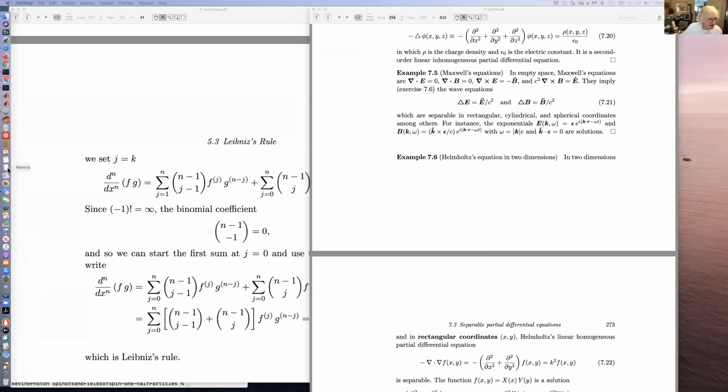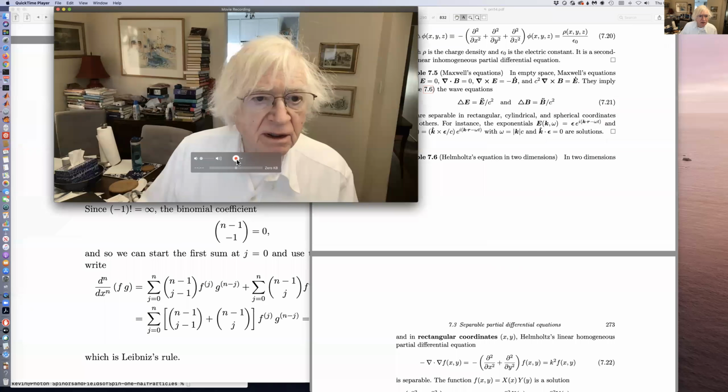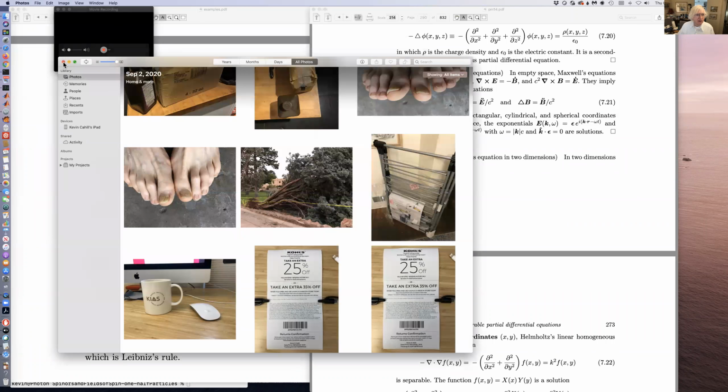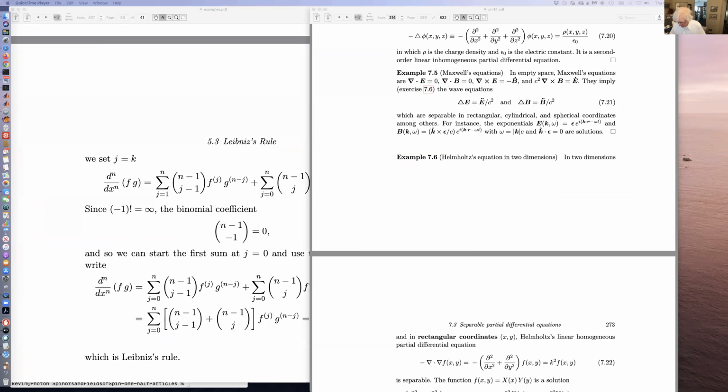I am so sick of seeing my feet. Let's see, where is QuickTime? Oh, there it is, okay. QuickTime, new movie, iPad. Can we get rid of the feet? Okay, so let's see.